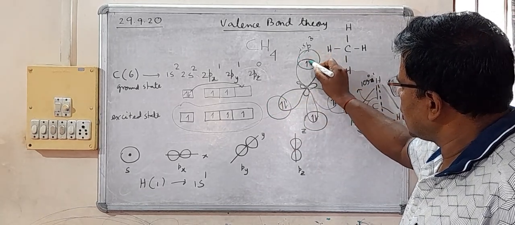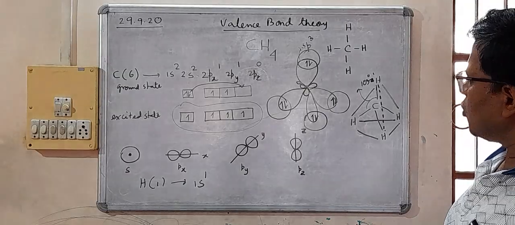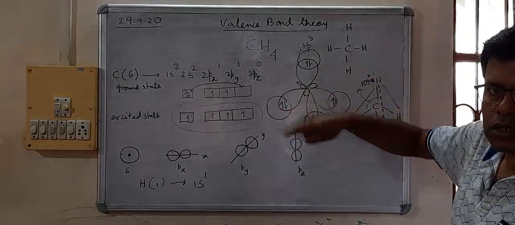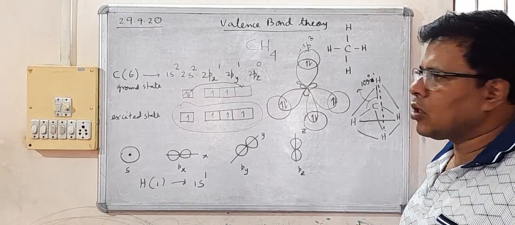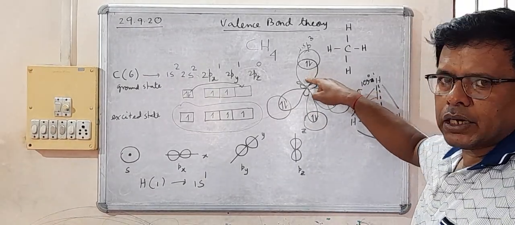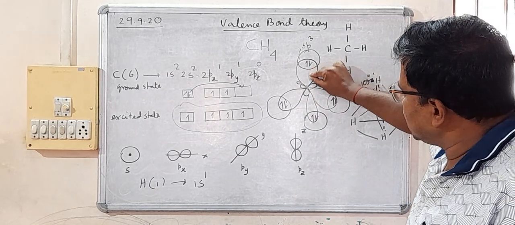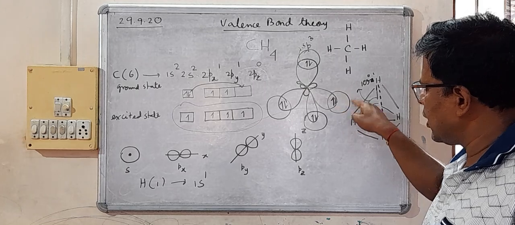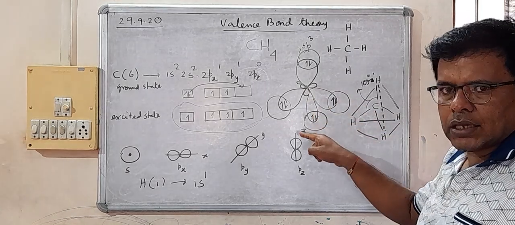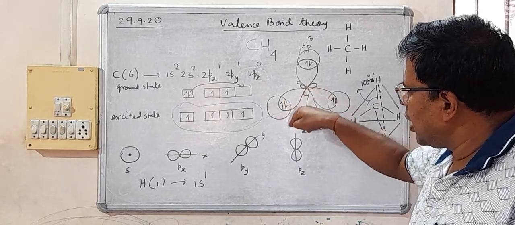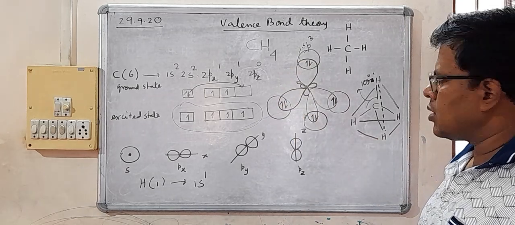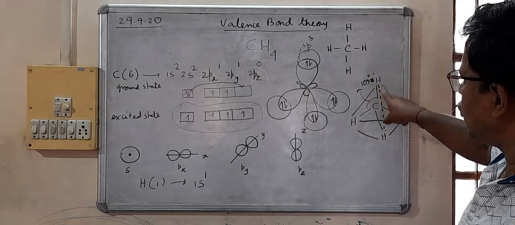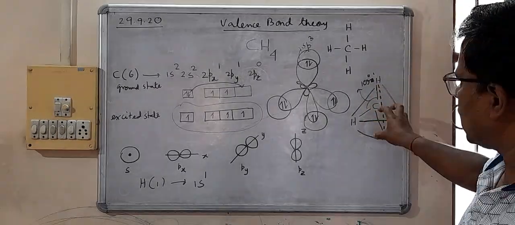So now you see all these bonds will be identical, because each bond has resulted by the overlap of an sp3 hybrid orbital and an s orbital. So all these bonds are identical, and in this way we can explain the equivalency of the 4 bonds in methane.